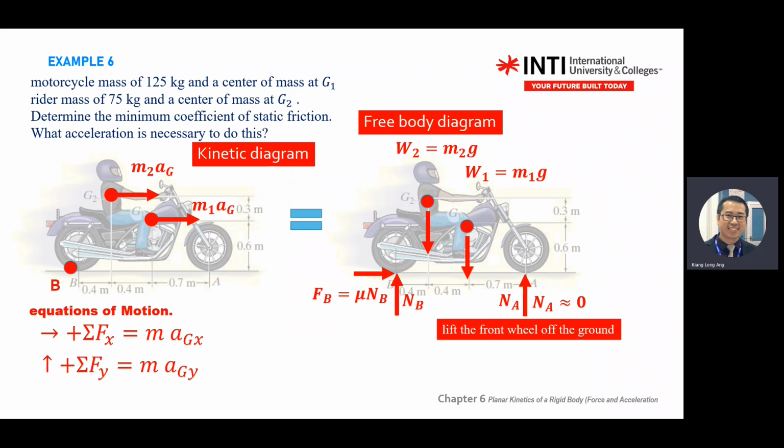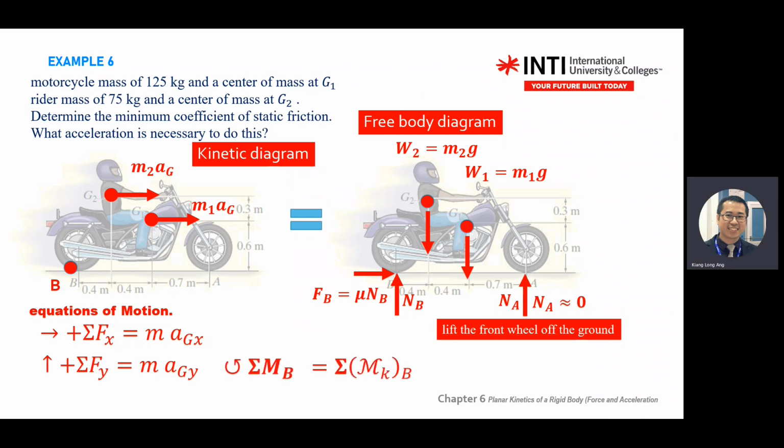What is the value for AGY in this case? What is the acceleration for G in the Y direction? 0, because the motor is not flying from the ground.